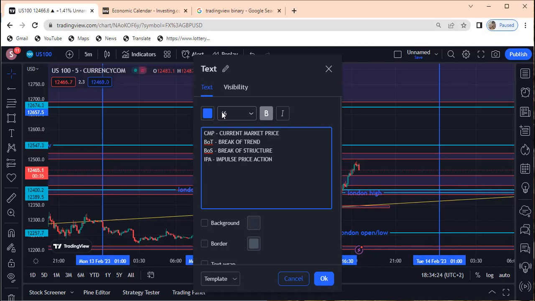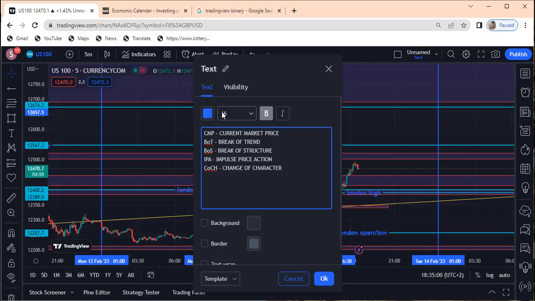And then there's CHOCH, which is change of character, which is when basically the market changes its character of how it's going. If it's going on an uprise, we'll start to see some liquidity pools being created and boundaries. So that is usually what we call our change of character.